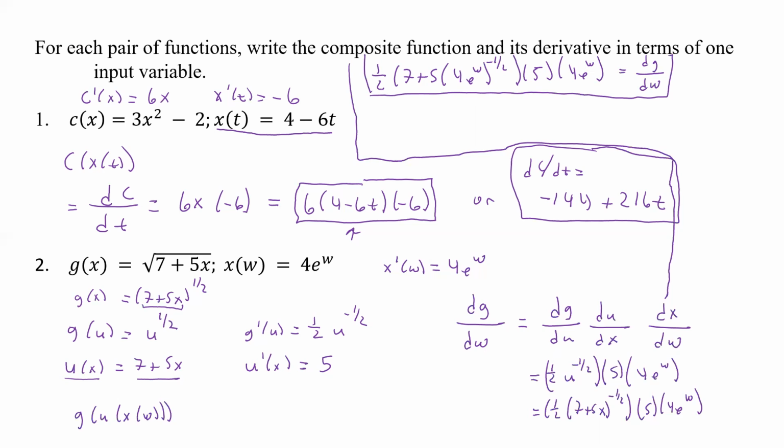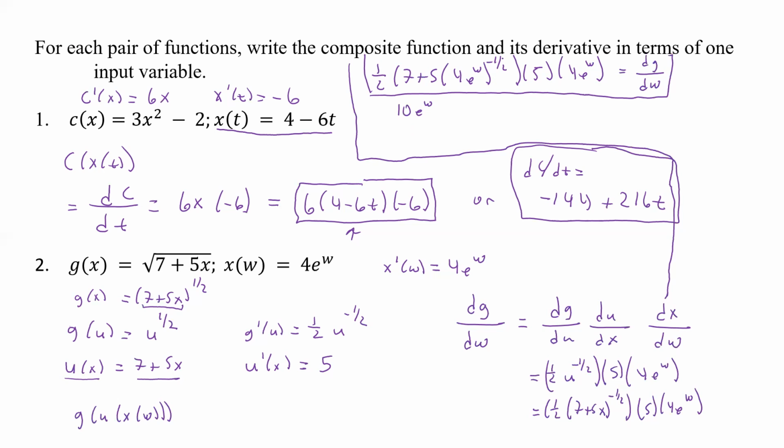Now, can we simplify it? Yeah, we can. Here we have a half and times that 4. So if we take that 4.5, that would give us a 2. So 2 times 5, that's going to be 10. And then we have e^w. Now, so that gets rid of that term, and that term.